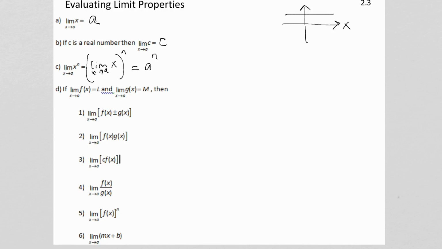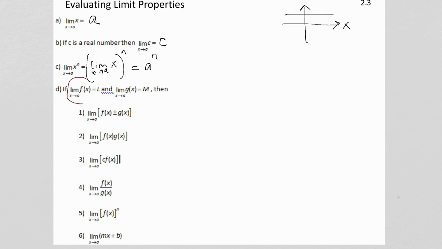So raising to a power, that's unaffected by the limit, right? The limit is independent of that, so you can evaluate the limit and then raise to the power to get the result.